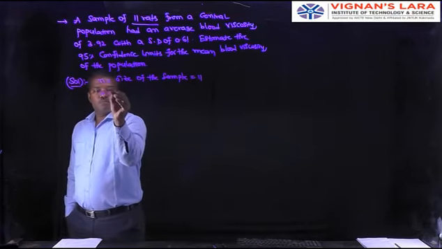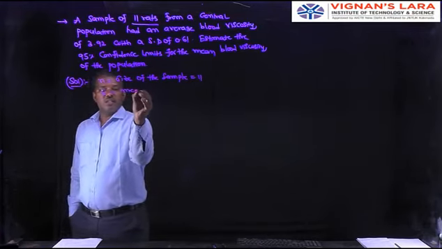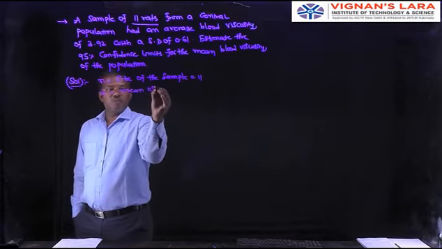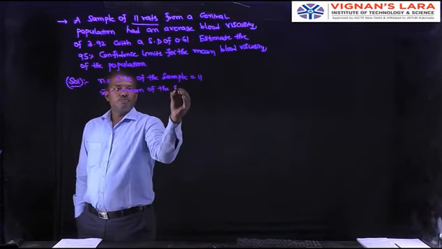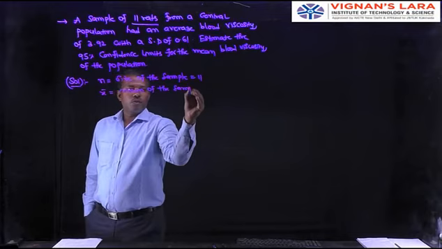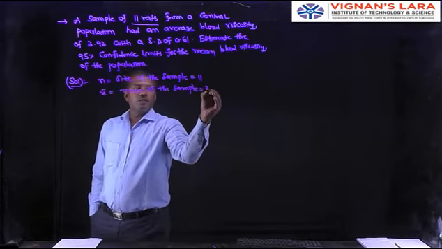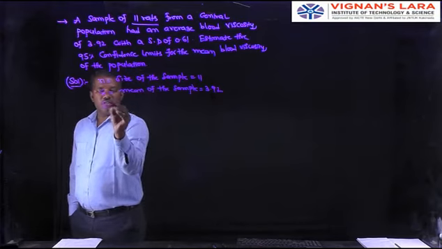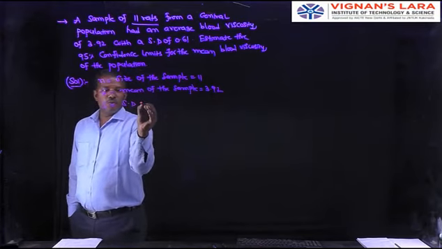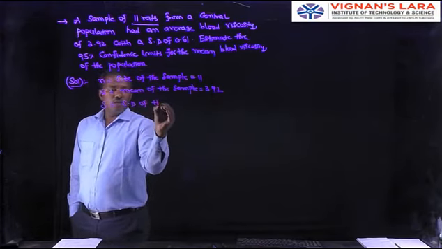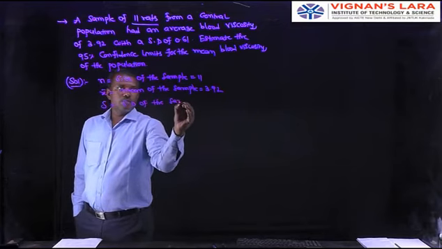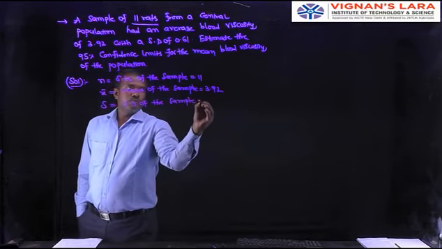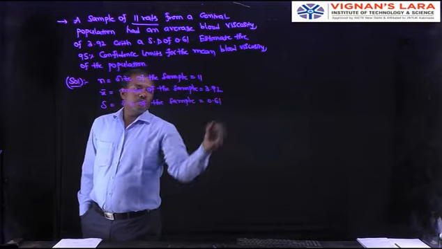X bar, average blood viscosity or mean of the sample, is 3.92. Standard deviation of the sample is 0.61.